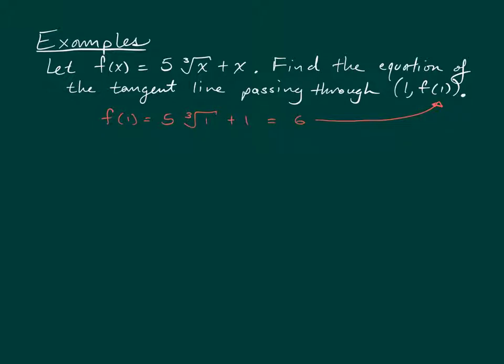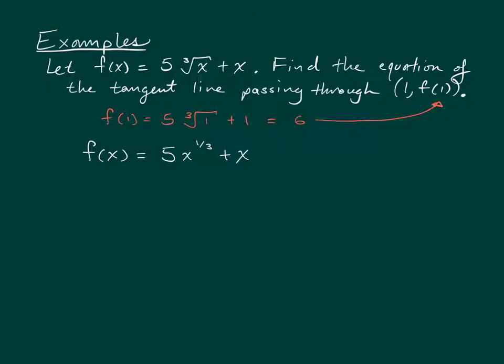The next bit of information we need to know is what f prime of x is. But before we can do that, we need to rewrite the cube root of x as x to the 1/3 power, so we can use the power rule for this term.